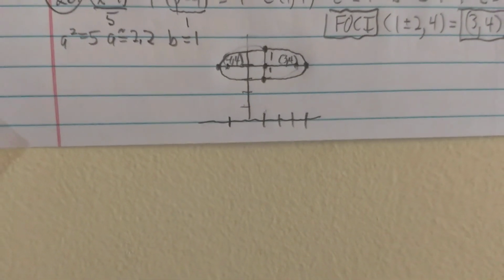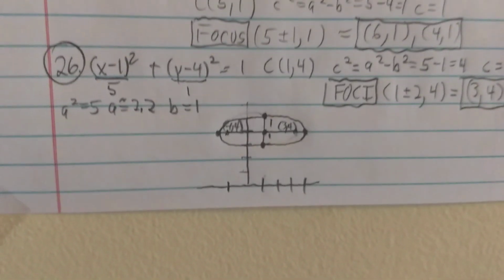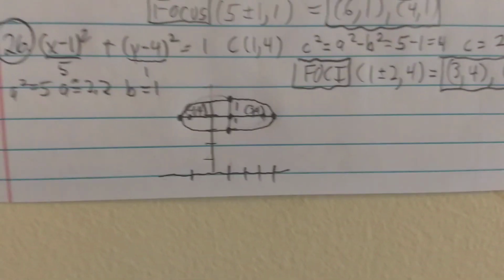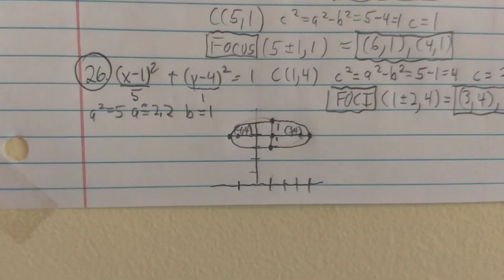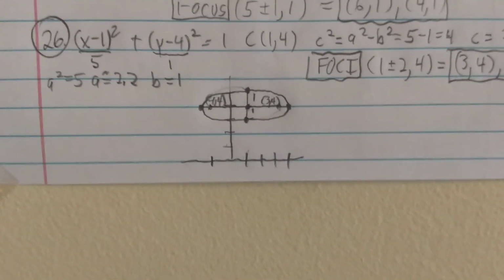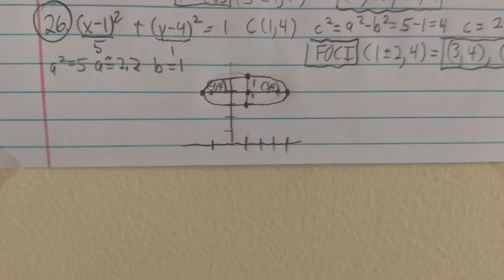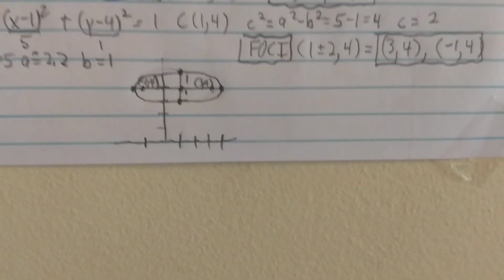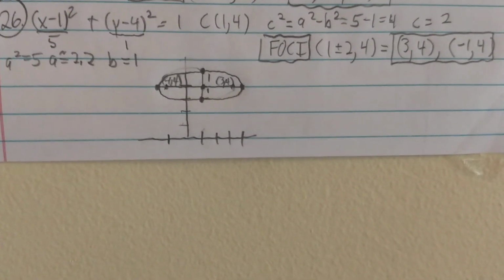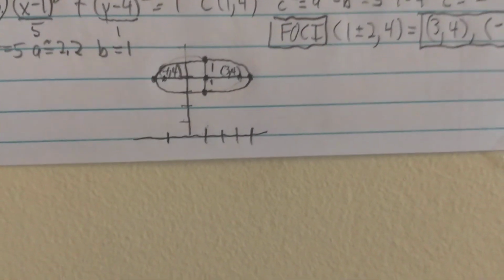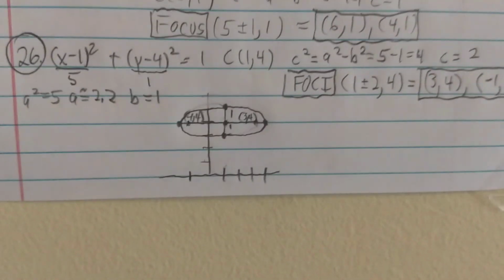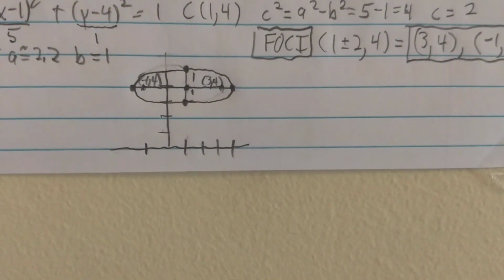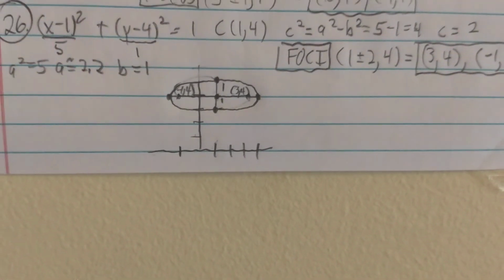And then I go out plus or minus the square root of 5 from the center, but we know that the focus points shown are 3, 4 to the right, and negative 1, 4 to the left. And the a numbers, the vertices, would be 1 plus or minus the square root of 5, 4. So that would be what the vertices are on the x-axis.